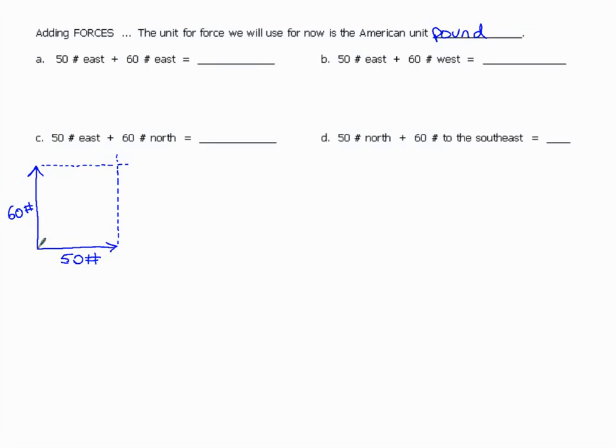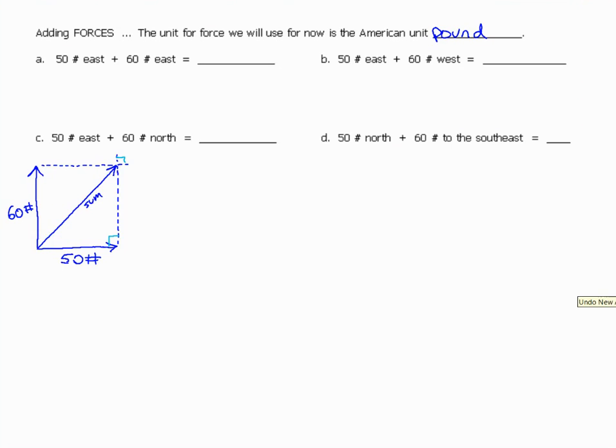Starts here and goes to here. So there is the sum. There are some right angles here. So this is a right angle, this is a right angle, and really here, that's also a right angle.